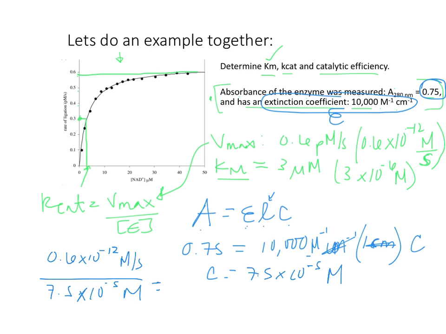Did I calculate it out? Where did it go? Hold on, I gotta calculate it. Okay, we got a super tiny number, 8 times 10 to the minus 9 seconds to the minus 1, or per second. This is a really, really, really small kcat, so already I'm thinking like this enzyme kind of sucks.